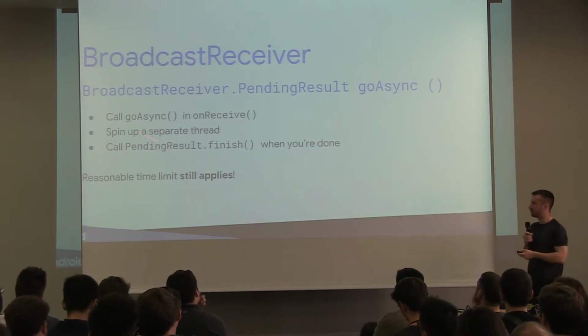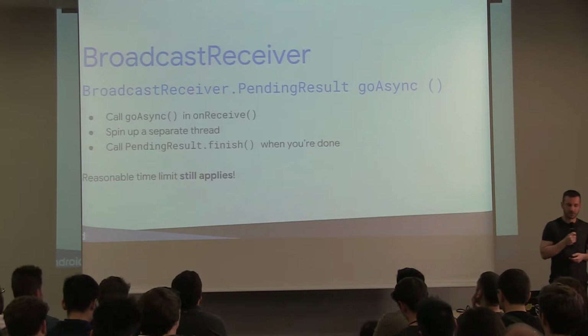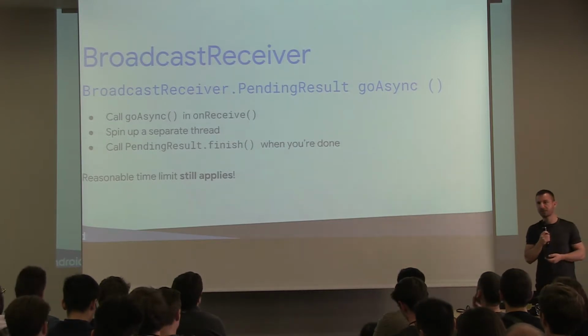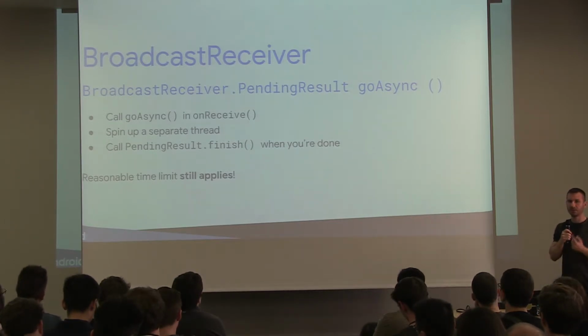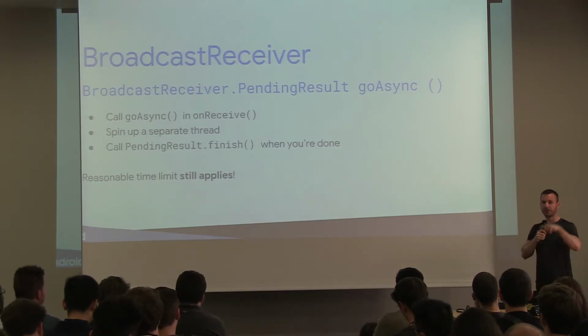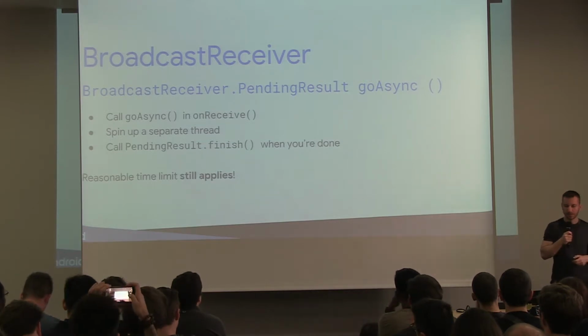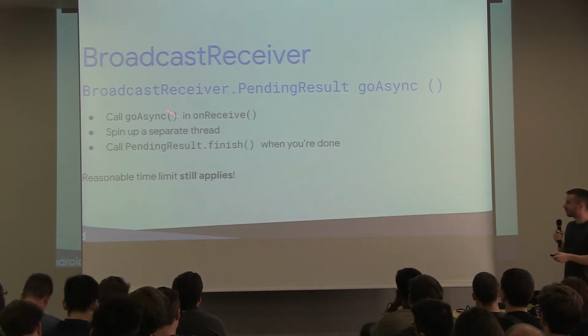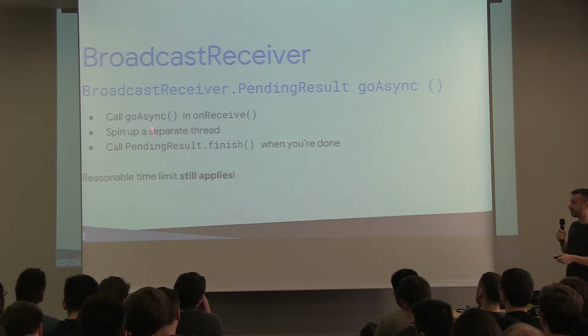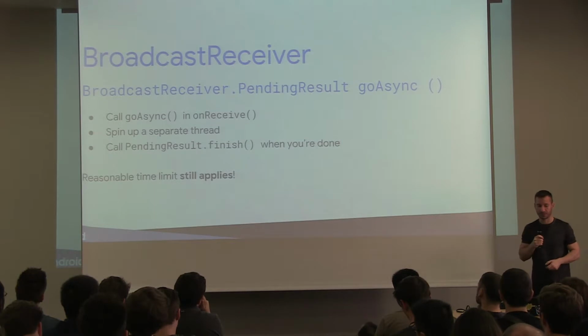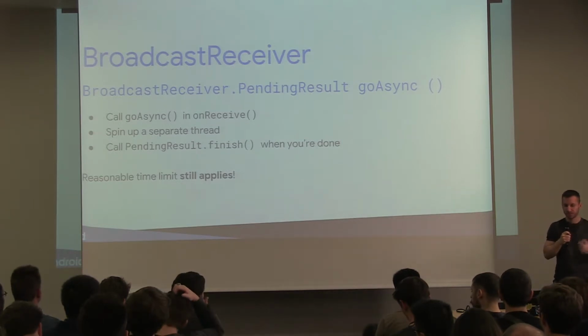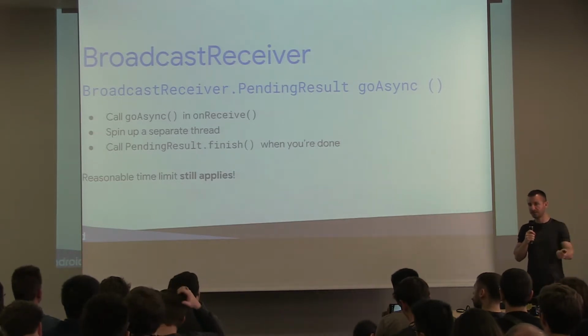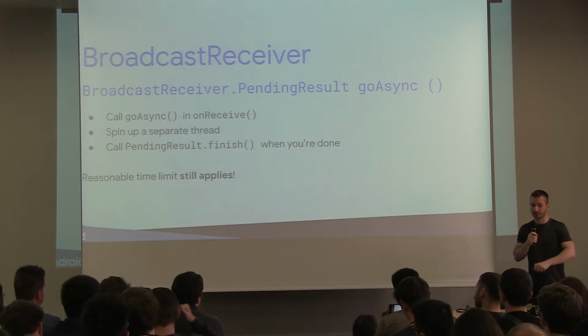goAsync is a method on the broadcast receiver. You can call it from onReceive, and it lets you keep the broadcast receiver open for a little bit longer. It lets you go off the main thread, so you create your own thread, you do some kind of async operation. And then, once you're done with your work, you have to call finish on the pending result that you get from this method. So when you call goAsync, you get a pending result. You spin up a separate thread, do your work, and then call finish.